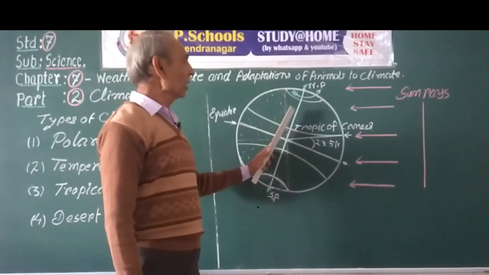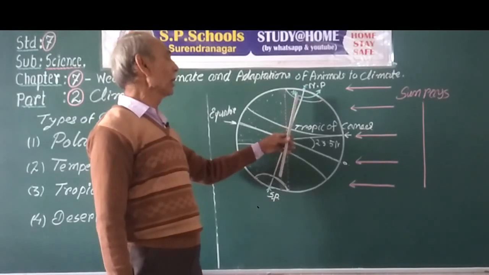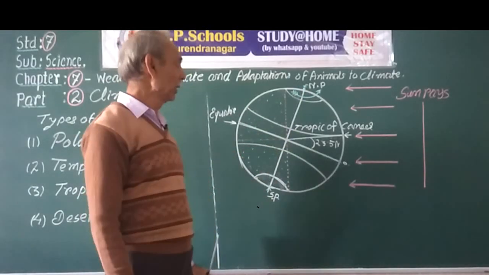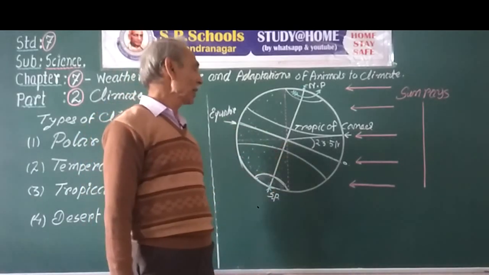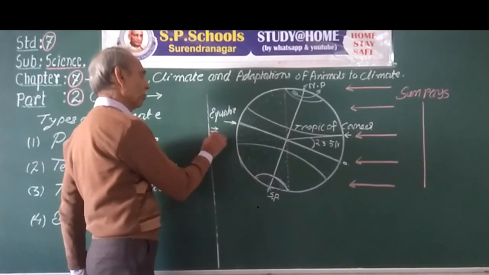Now, as the earth moves around the sun, its north pole gets tilted away from the sun, and the south pole gets tilted toward the sun.